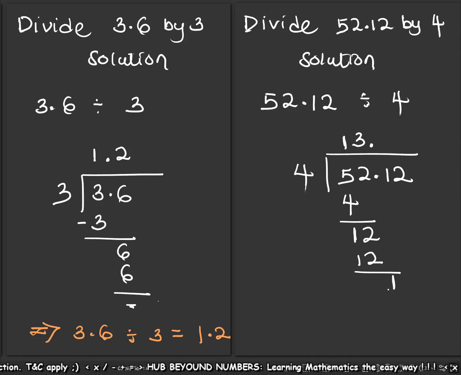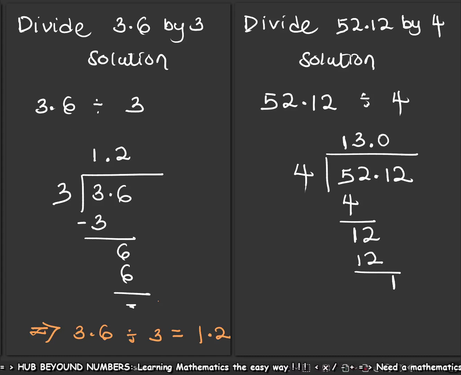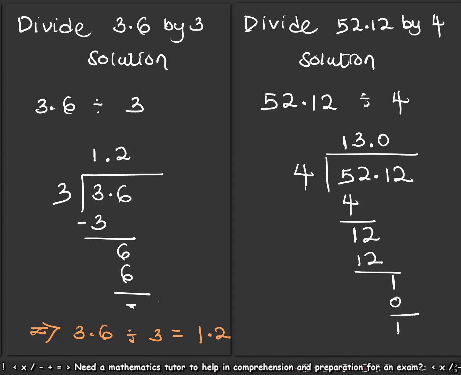4 divides 1, that is impossible. So we are allowed to put a 0 here. Or instead of saying impossible, let's rather say 4 divides 1 zero times. So 4 times 0 gives us a 0, and if you subtract, we have our 1. And we are allowed to bring our 2 down.